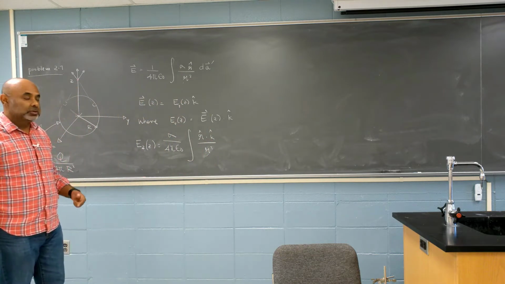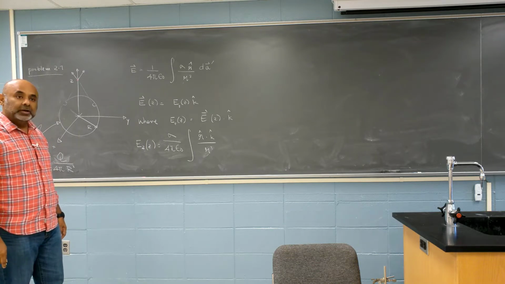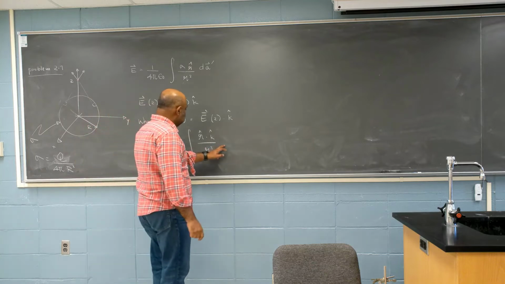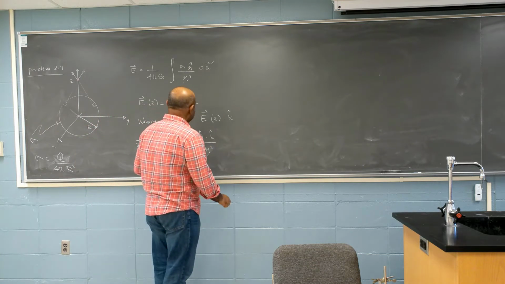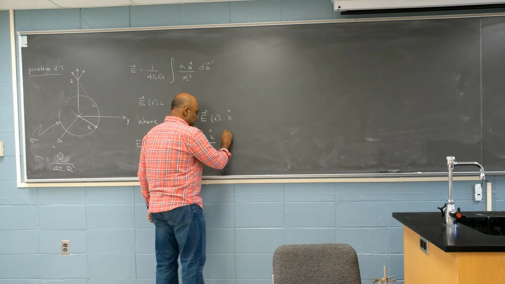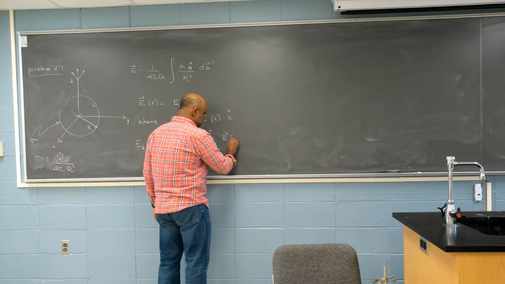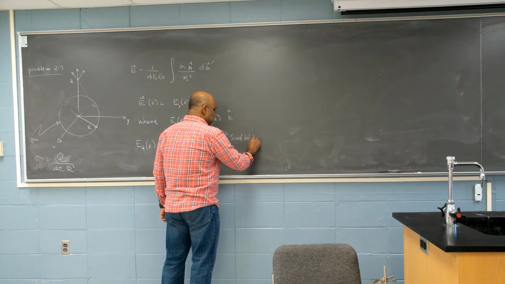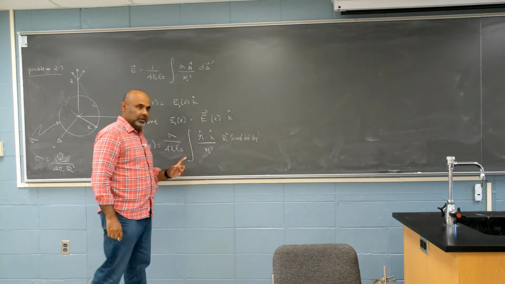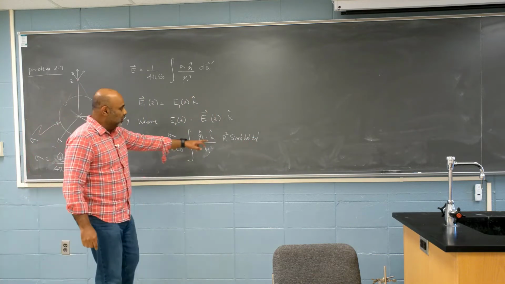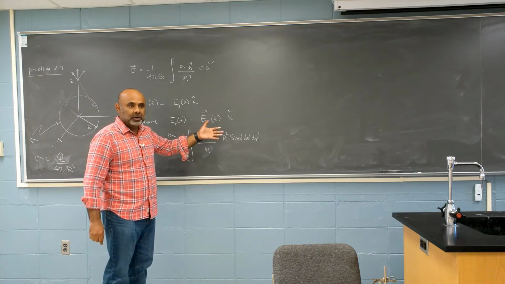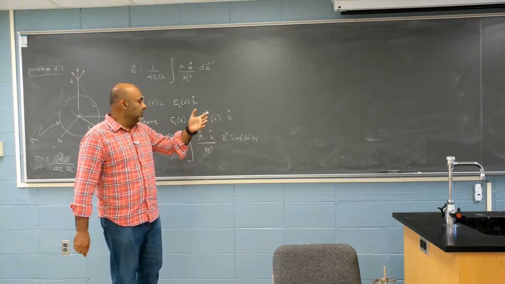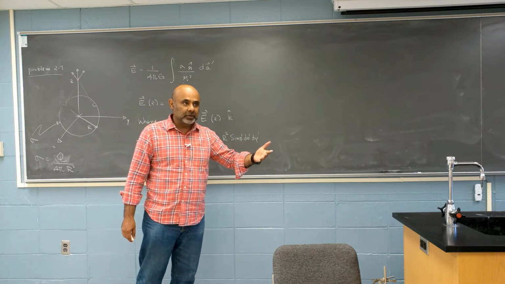I'm going to use the spherical coordinate system, so I'll make that very clear. I'm going to use R squared sine theta prime d theta prime d phi prime. So here's the thing. I might even want to call it R prime squared, but it's a fixed constant. It doesn't really matter. R squared sine theta d theta d phi is the area element.